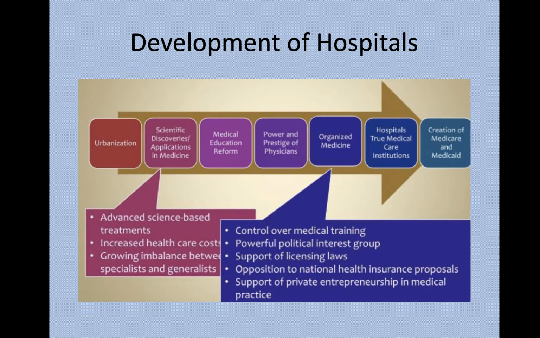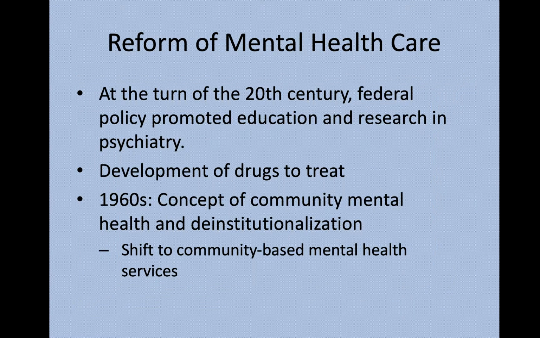We get hospitals to really get the care established. And then we get the creation of Medicare and Medicaid. So we see the development and how each advancement lays a foundation for the next layer of improvements.